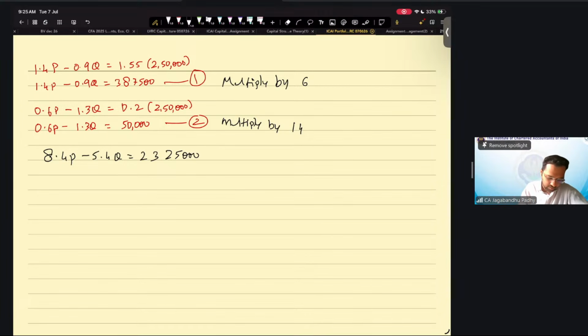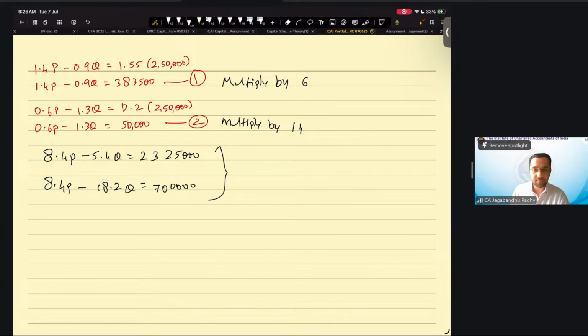This is 0.6 into 14, which is 8.4P, minus 1.3 into 14, 18.2Q, equal to 50,000 into 14, which is 7 lakh.